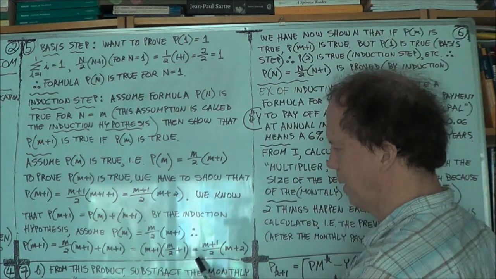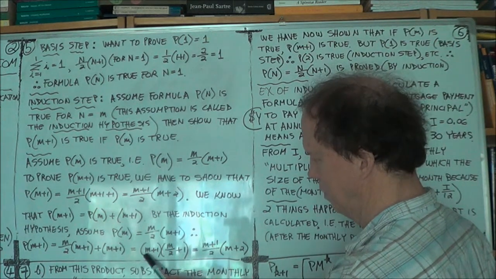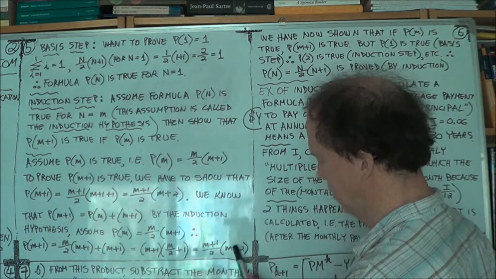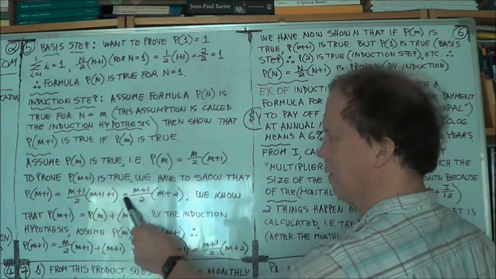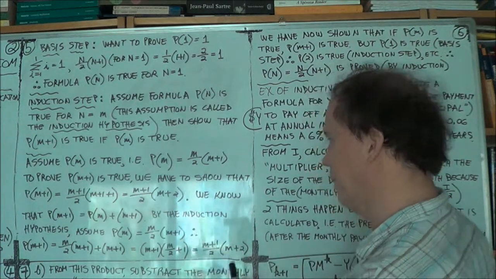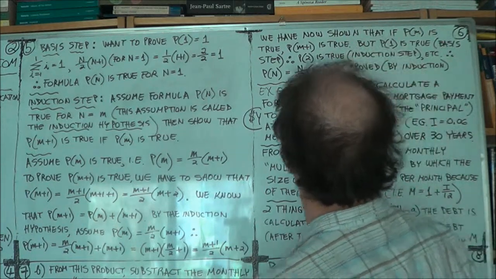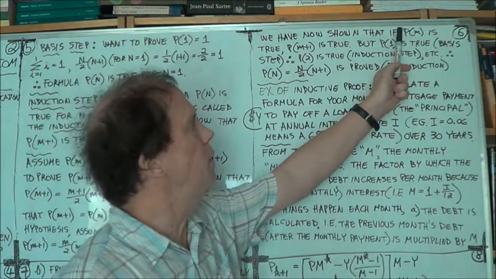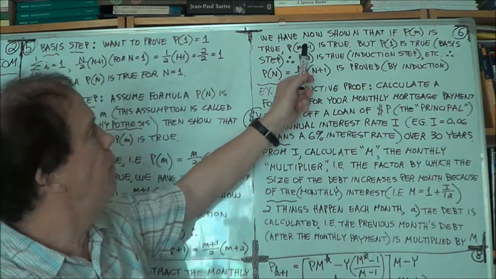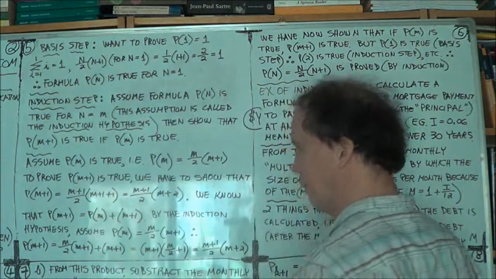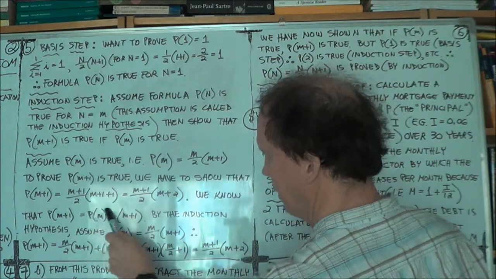You can rewrite that, taking the 2 under, so m plus 1 over 2 times m plus 2. And this is equal to this. Right? So you've done it. We've shown that if P of m is true, then P of m plus 1 is true. We just showed it.